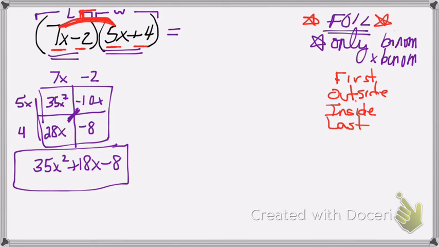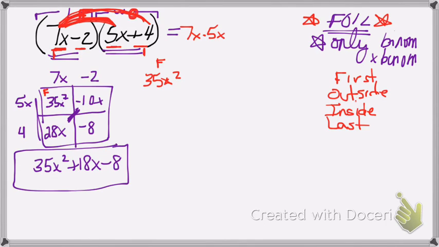So we say first, F is my 7x times my 5x, and so that's getting me a 35x squared. That's my first value. And notice that showed up right here in this upper left-hand box. My outside, well, the next thing I would do is I'd take this 7x and multiply it to the other thing. And notice that that is using the numbers that are as far to the outside as possible.